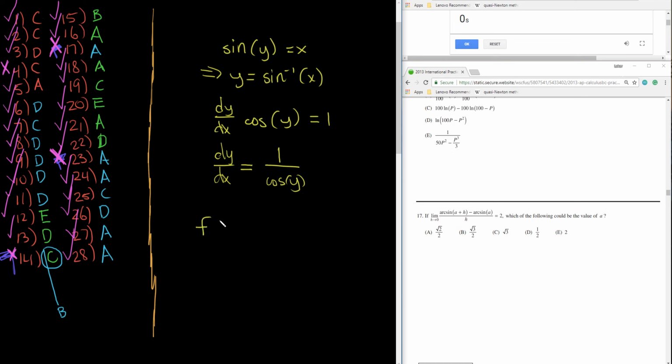So, if you know f of the inverse of f of x, alright? So this is the inverse function relationship. That equals x.